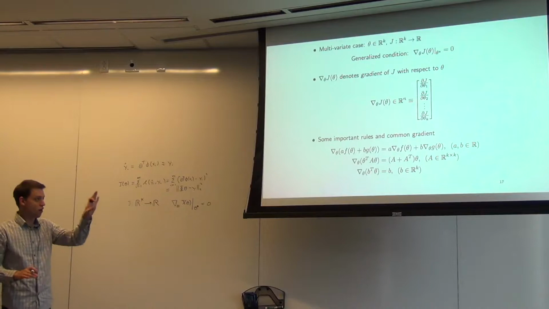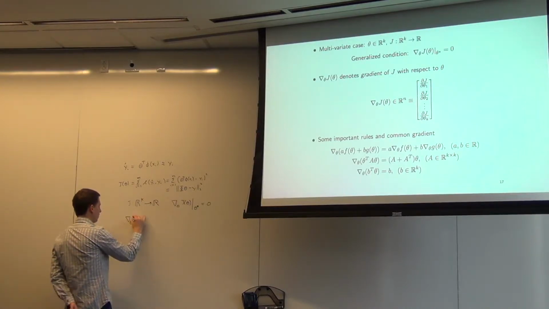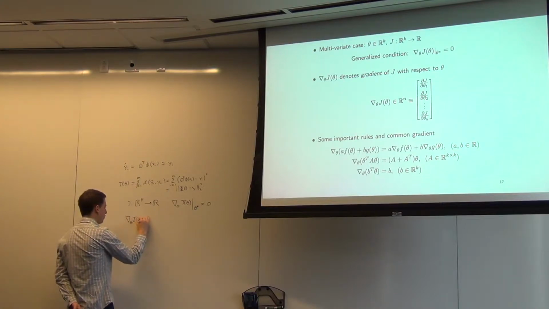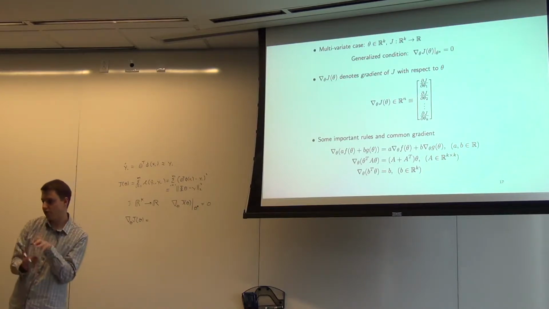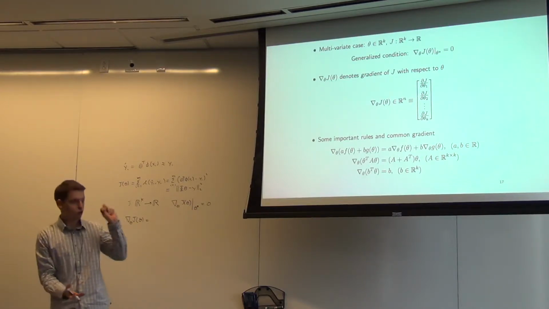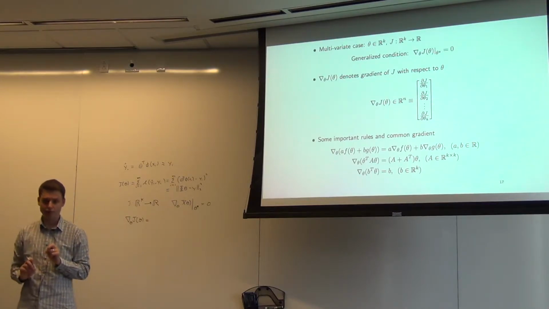That's just a generalized condition of what we wrote before, where this gradient is defined as follows. The gradient of j of theta with respect to theta is equal to just a vector of all the different partial derivatives, right? It's exactly what you would think it is. You just take the derivative of j with respect to each different input.